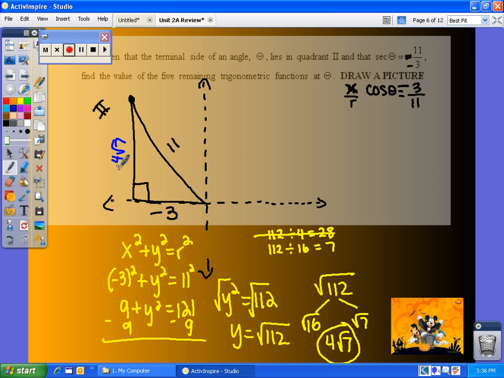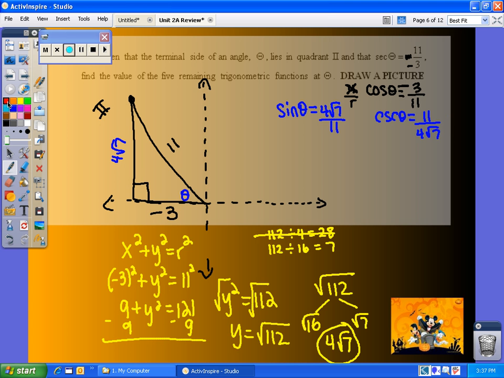Notice how I kept it positive because we're in the second quadrant, and in the second quadrant, sine is positive. So now I'm going to go through all of them. Sine is going to be opposite over hypotenuse, meaning that cosecant is hypotenuse over opposite.